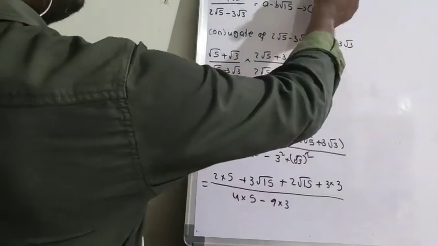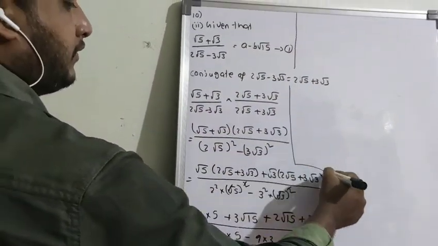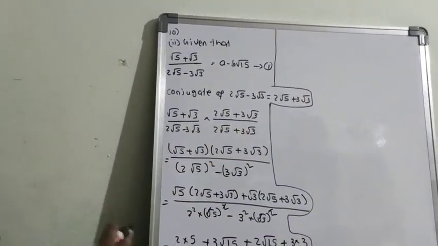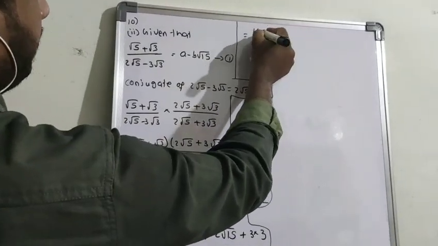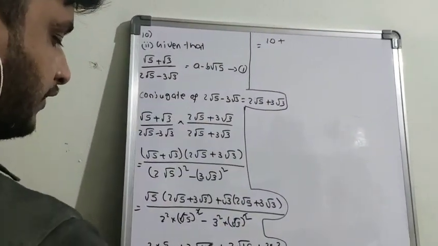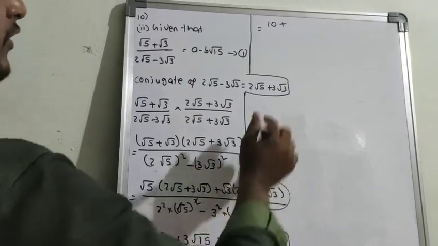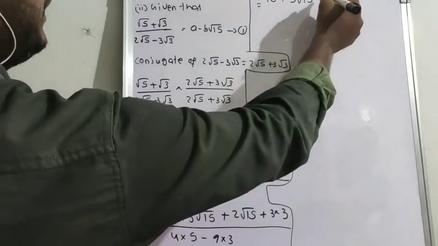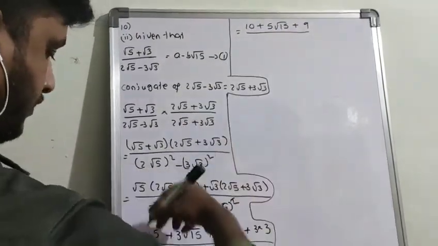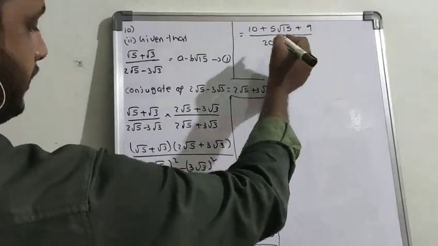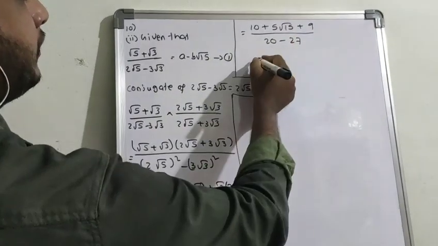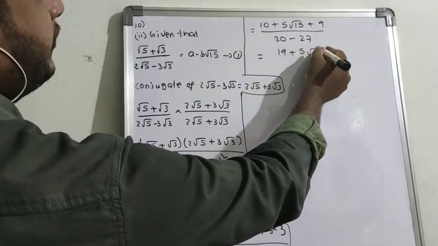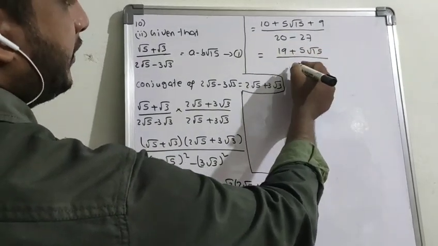So coming to here, see, 2 into 5 is 10 plus 3 root 15 plus 2 root 15, similar terms, 3 plus 2 is 5 root 15, plus 3 into 3 is 9, over 4 fives are 20 minus 9 threes are 27. So 10 plus 9 is 19 plus 5 root 15 over 20 minus 27 is minus 7.